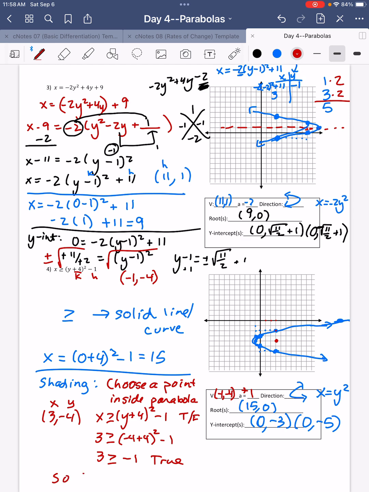So since it's true, then 3, negative 4 is in the shaded region. So that's the second thing that we have to do different with inequalities. We have to think about solid versus dashed based on our inequality, and then we need to shade.